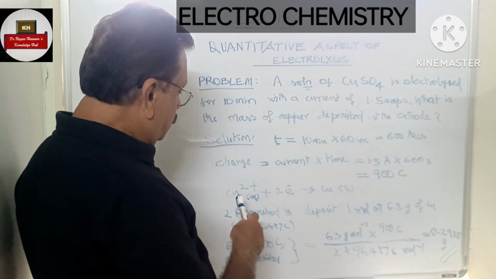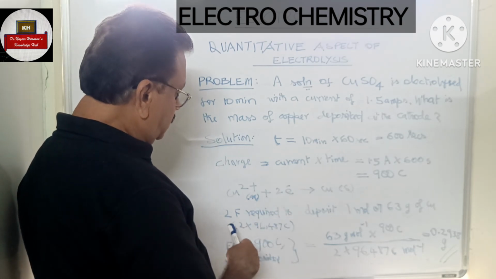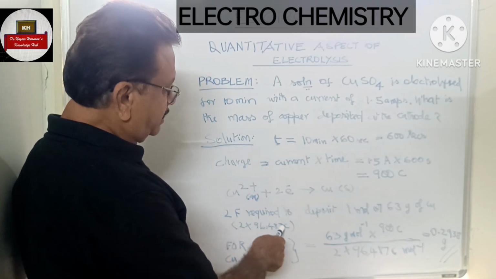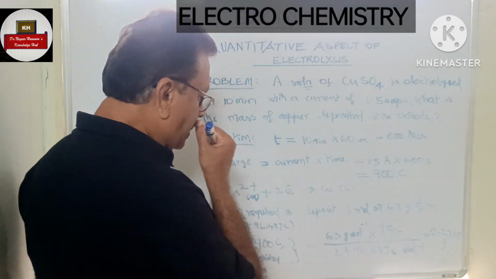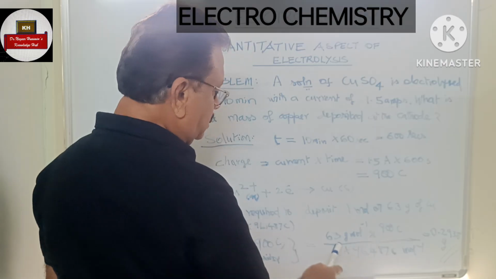Now, to reduce 1 mole of copper, we need 2 faradays of charge, 2 × 96,487 C, to deposit 63 grams of copper. We have only 900 C of charge.